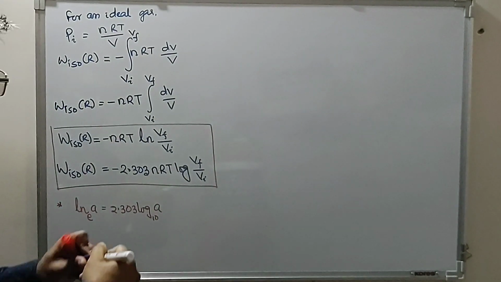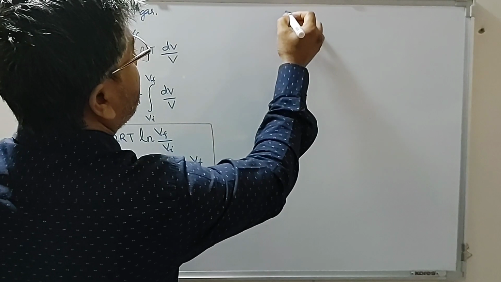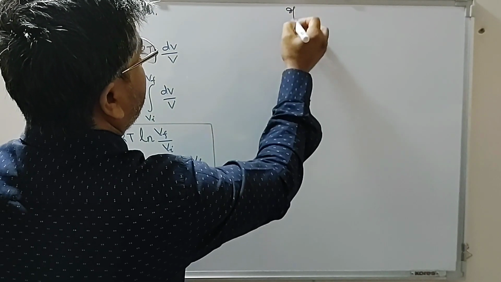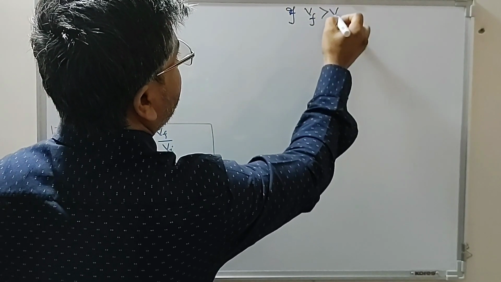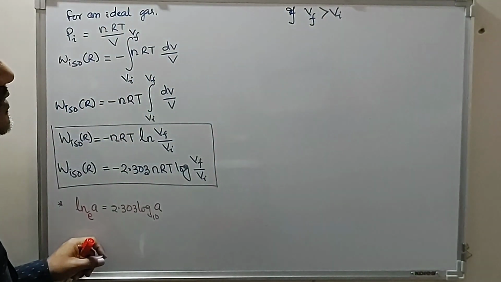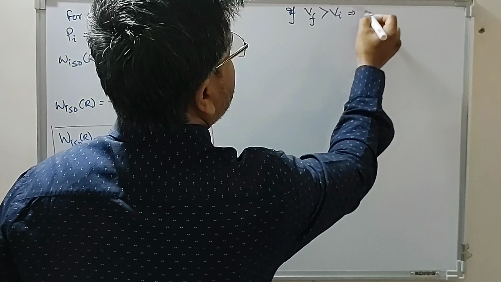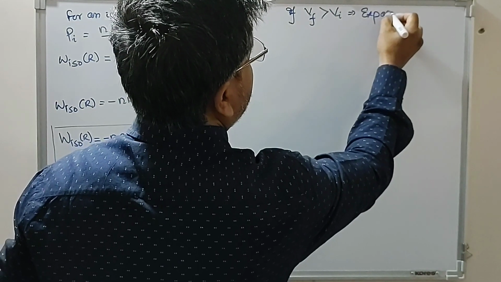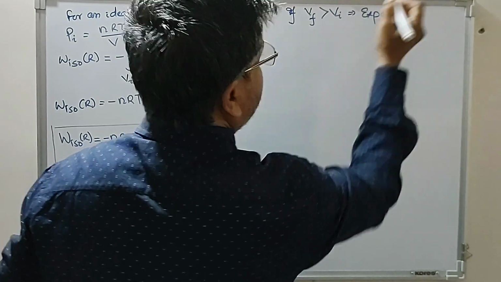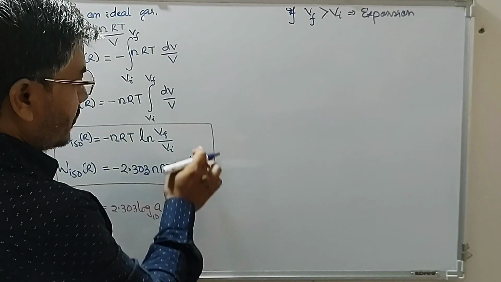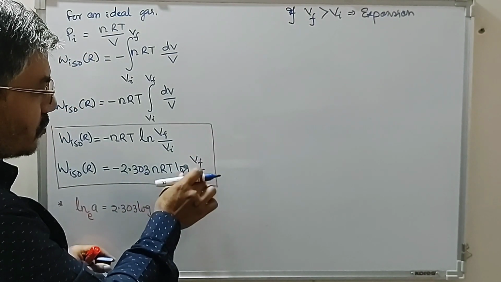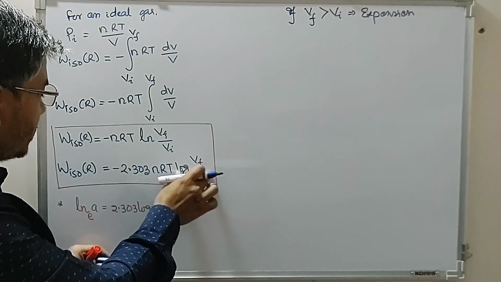So therefore look at this. If Vf is greater than Vi, the initial volume is less than the final volume, so we say this is an expansion process. The ratio is greater than 1, so the log of this term is positive.